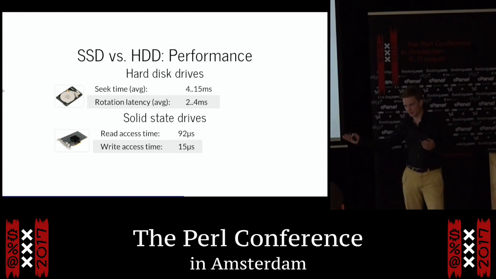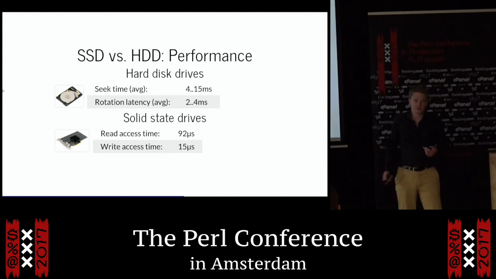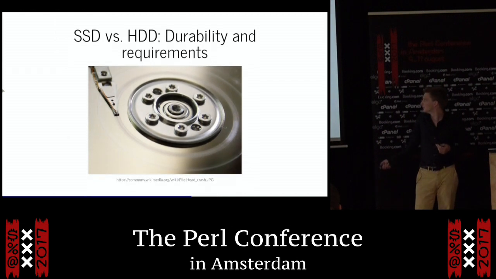So you have to wait until the read head is in the right position. You have to wait until the sector of the disk actually containing the data spins by. And on average, with 15,000 rounds per minute, you are at 2 milliseconds for the rotation alone, and then you also have the seek time. With solid-state drives, obviously you don't have this problem.